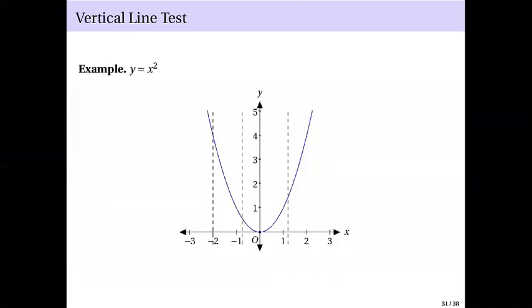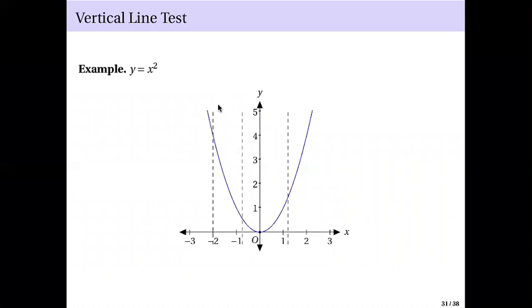For example, you have your y equals x squared. The graph of this is this guy here. It's a parabola. And we will talk more about this later in our course. But this is the graph of y equals x squared.